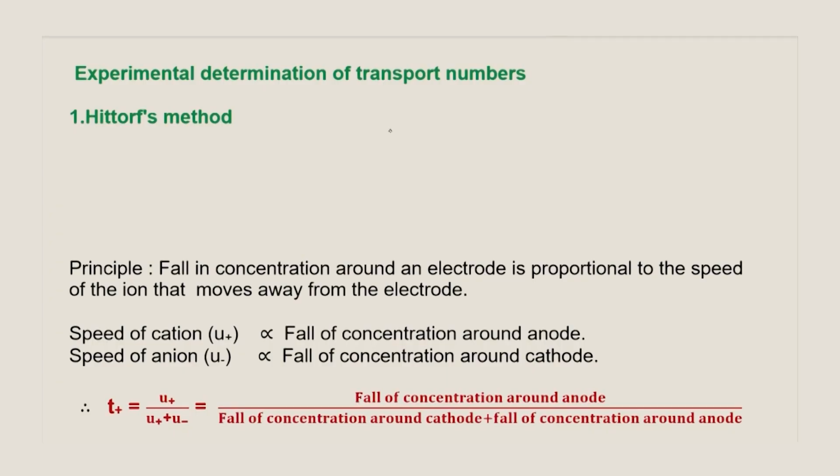Now, in an electrolyte, if we place an electrode, and suppose this is an electrolyte, the region around the electrode will have changes in concentration. That is due to two factors. One is movement of ions.